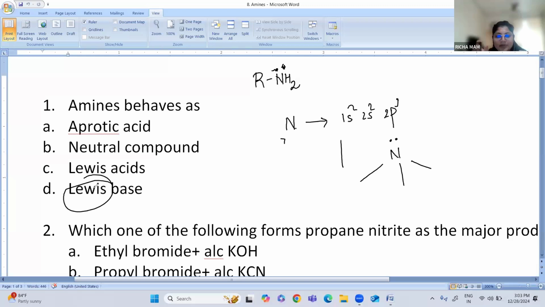In that you have already studied the different acid-base theories: the Arrhenius concept, Lewis concept, and Bronsted-Lowry concept. Remember, there is Lewis acid and Lewis base. Because nitrogen in amines has a lone pair of electrons, it can donate this lone pair. So they act as a Lewis base.